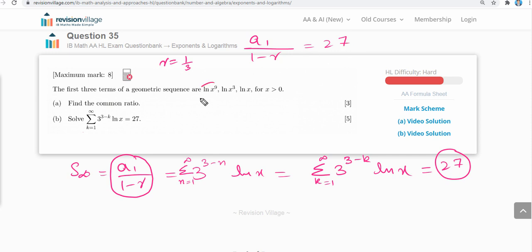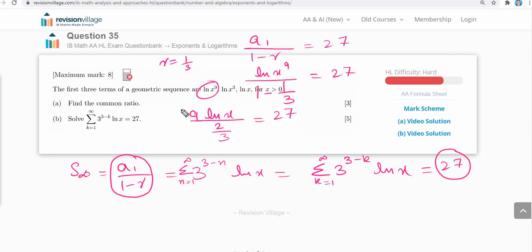So a_1 is (ln x)^9, which is 9 ln x, and 1 minus r would be 1 minus 1/3, which is 2/3, and this equals 27.